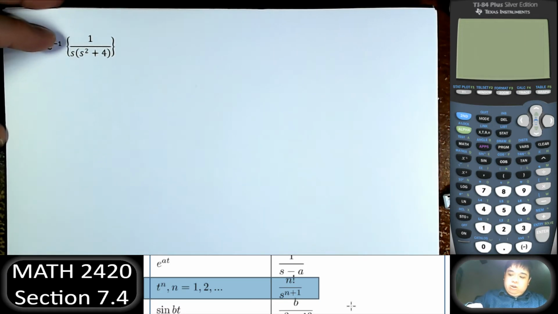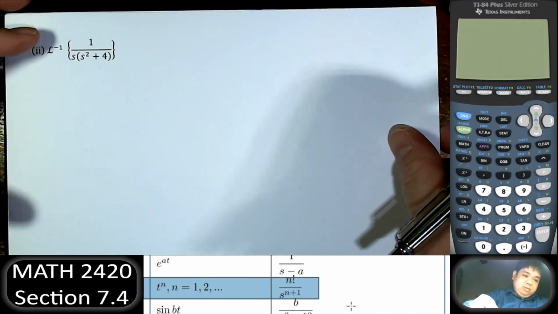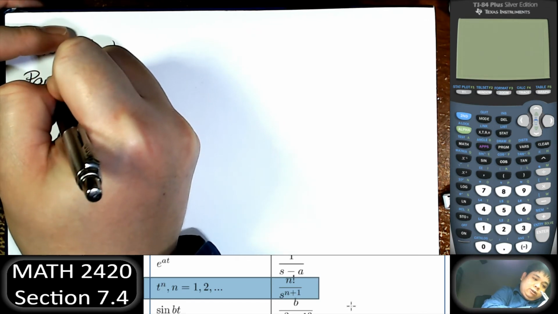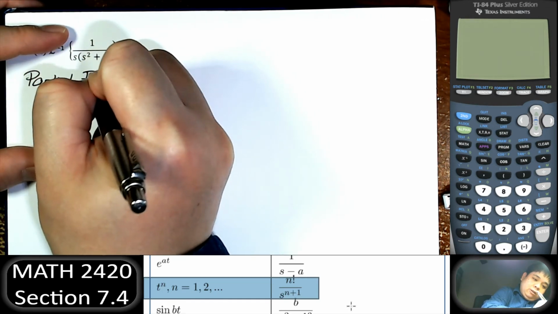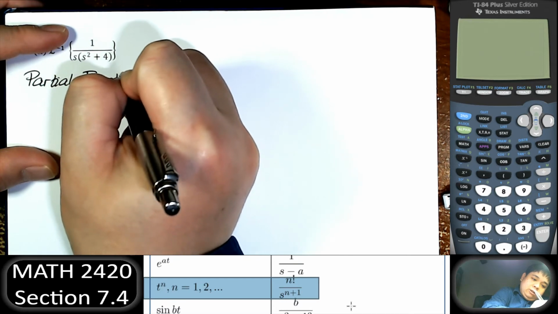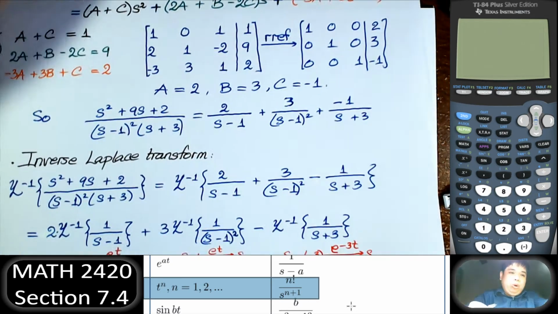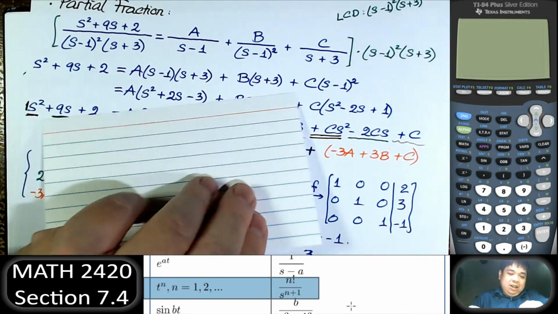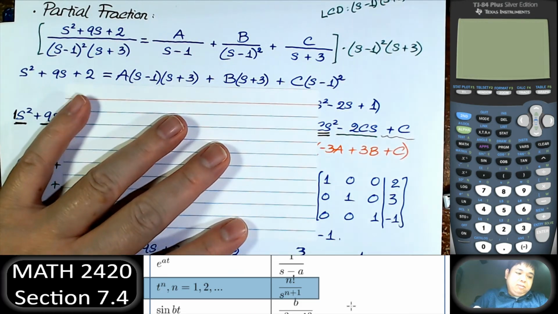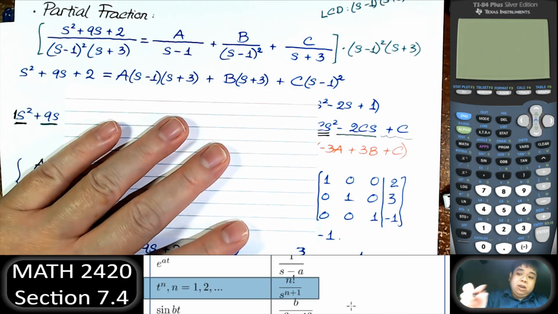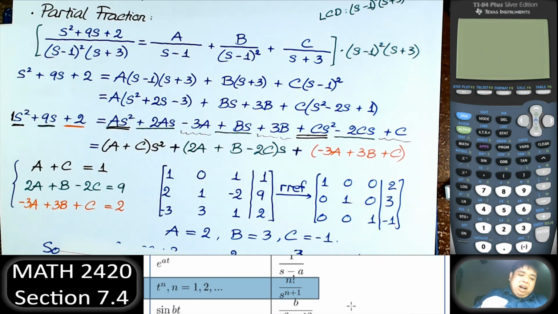Next we do this one. So first I do the partial fraction. Oh, by the way, I should mention this real quick. At this step, if we focus here, there's another way.